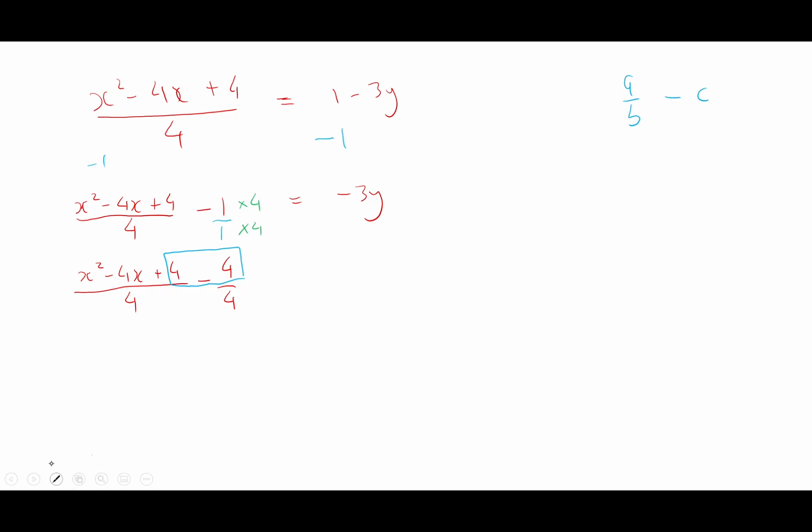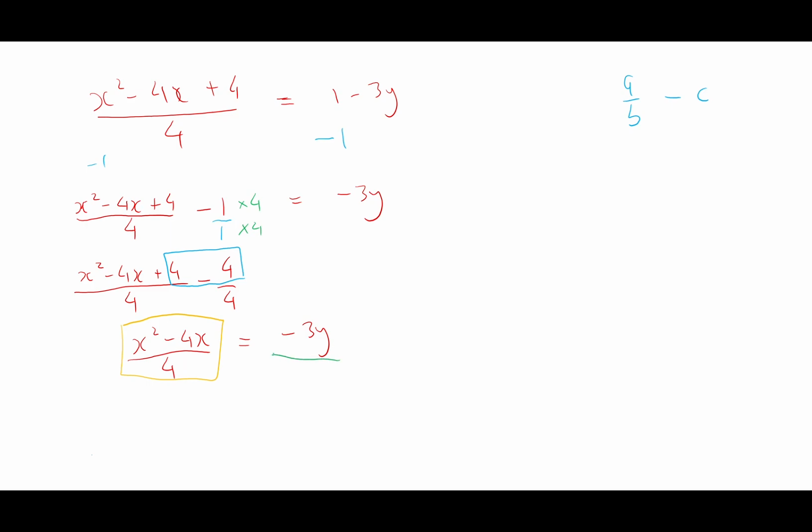So my next line is x squared minus 4x over 4 is equal to minus 3y. Some people may be thinking, oh, I'm going to cancel the 4's here. But we can only cancel when they are in factor form, and they're most definitely not in factor form.